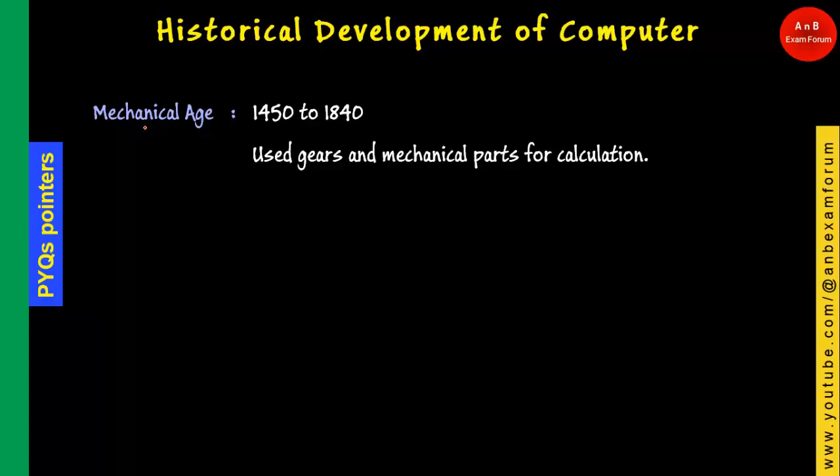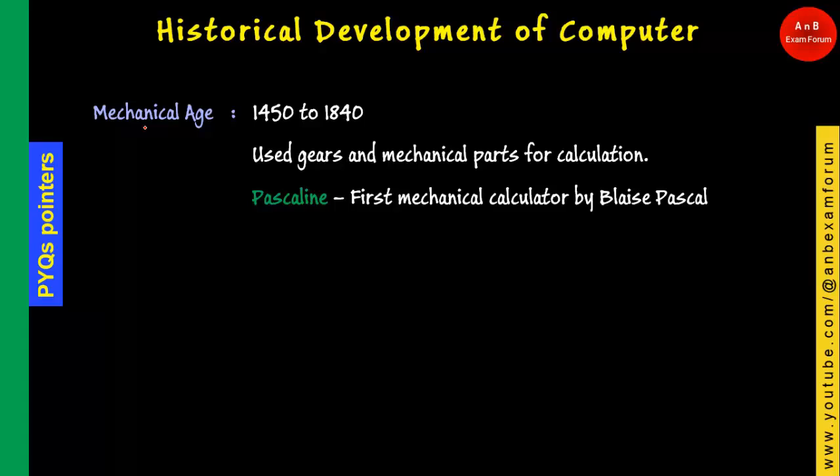And this is a very important age from the perspective of computer development. Why? Because the first calculator, Pascaline, was developed by Blaise Pascal. So if they ask about the first mechanical calculator, it is the Pascaline, or Pascaline machine.